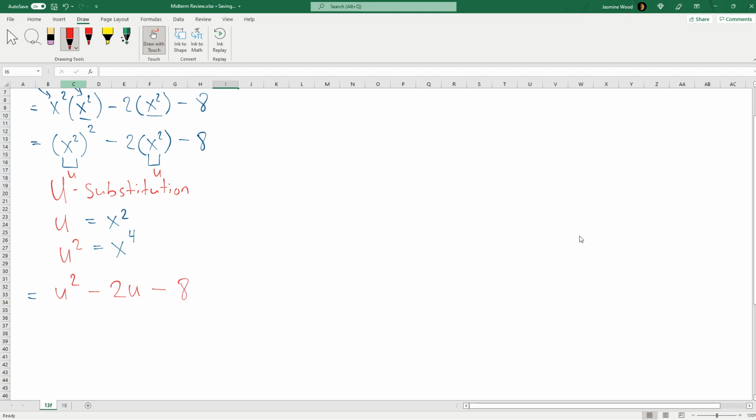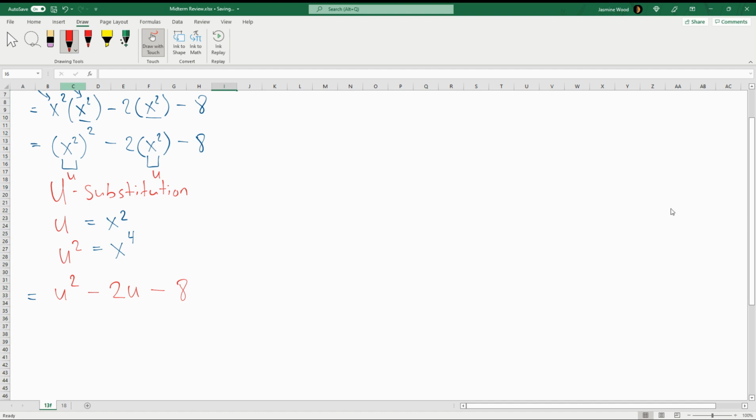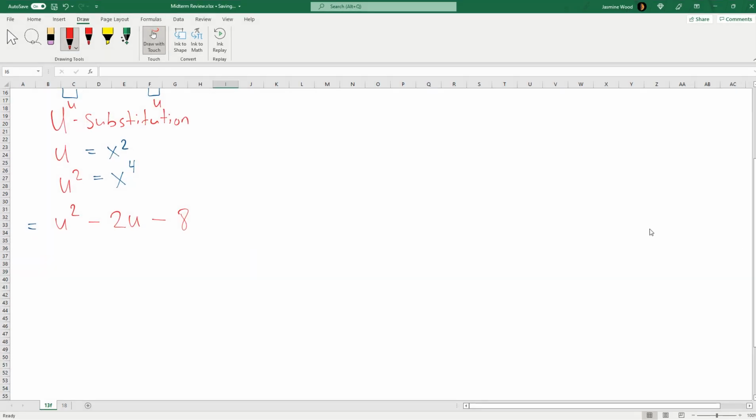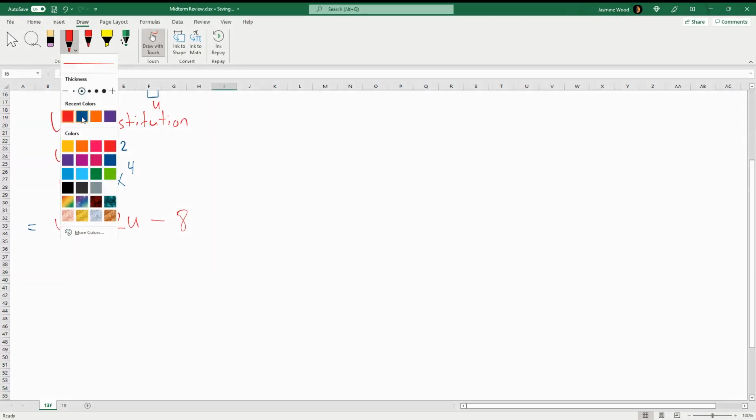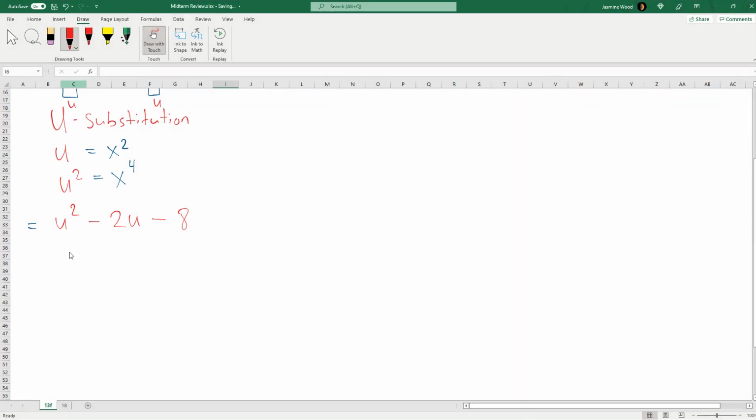And that constant is going to be kept in both expressions because we're going to be using the trinomial factoring method. So now that we have that written, now we can just use the trinomial method, except with U instead of x, which isn't a problem.